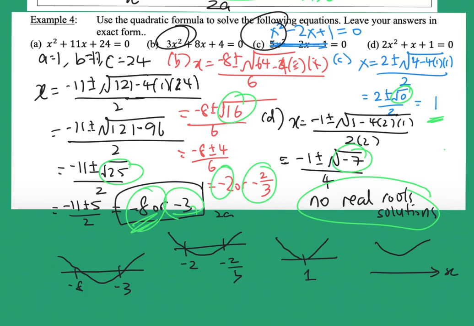So what happens here is that when your discriminant is greater than 0, you get two possible solutions. Your parabola will cut the x-axis at two distinct points, and when the discriminant is equal to 0, you cut at one point, and when it is less than 0, when it's negative, it doesn't cut the x-axis.